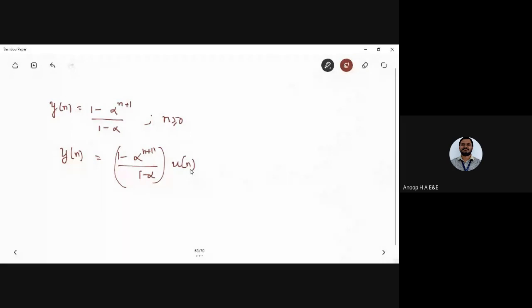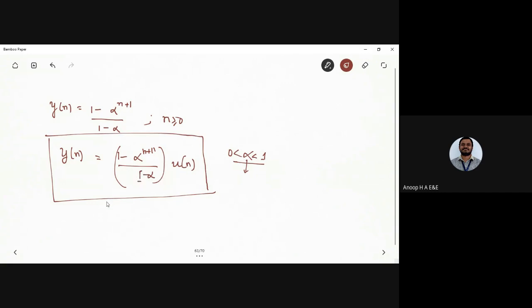So the value of alpha is not equal to 1. So the value of alpha will be from 0 to 1. So I cannot say it as 1 itself. If I could have taken alpha equal to 1, that would be the value of capital N that is there. Now, since the value of alpha is already given, which is not equal to 1, I can certainly say that y of n would be equal to 1 minus alpha power n plus 1 divided by 1 minus alpha into u of n.